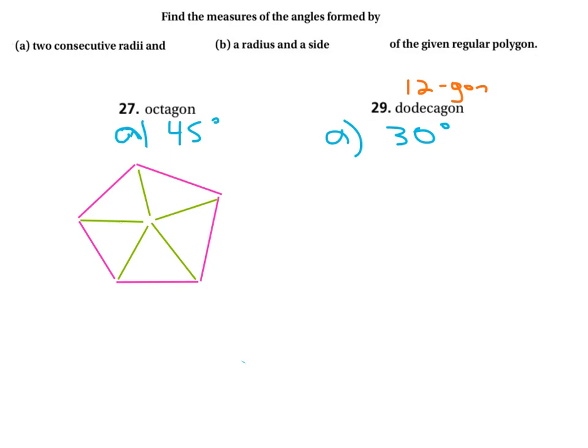Okay, now, to find B, which over here you can see is the radius and a side, which I'll draw in orange, okay? Here's a radius, and here's one of the sides. We're always going to get this certain angle in here. And how are we going to find out what that angle is? Well, this is what we're going to do. We're going to drop an apothem down here, and what that's going to do is form a 90-degree angle, like that.